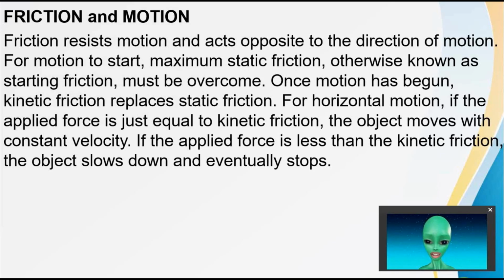For horizontal motion, if the applied force is just equal to the kinetic friction, the object moves with constant velocity. If the applied force is less than the kinetic friction, the object slows down and eventually stops, just like the Pentel pen.